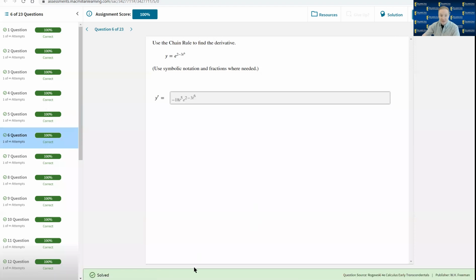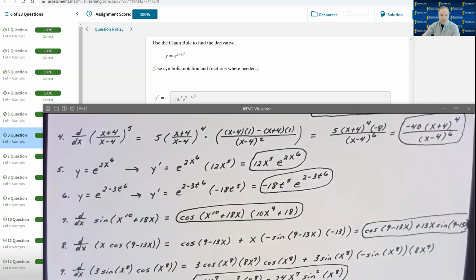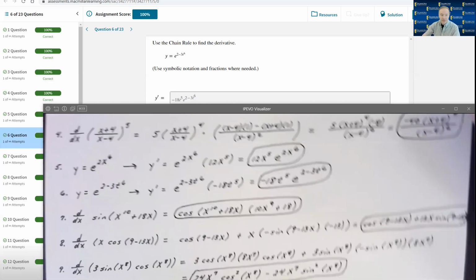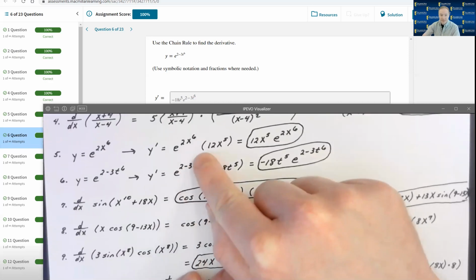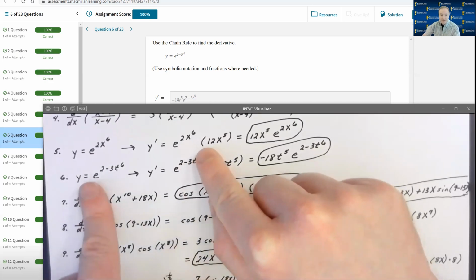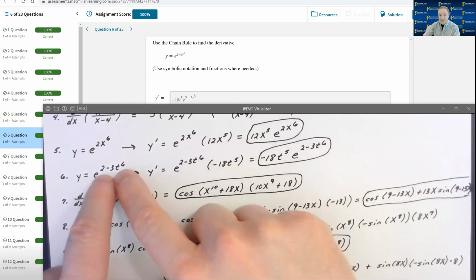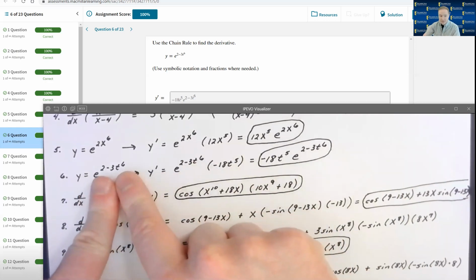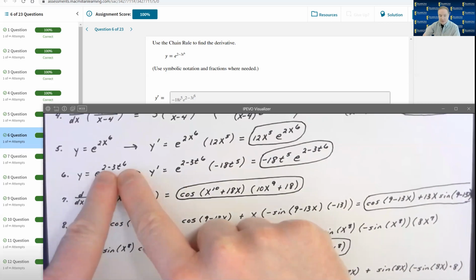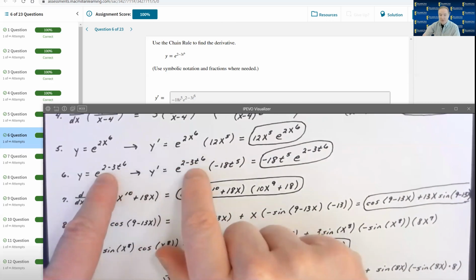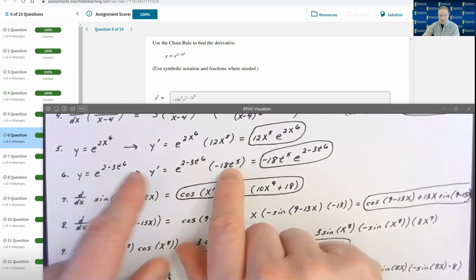For number 6, we have another exponential function. So 5 and 6, pretty much the same problem. This time it puts the exponent in terms of t, so we know we're taking the derivative with respect to t. So I can say, okay, derivative of any exponential function is that exponential function times the derivative of its exponent.